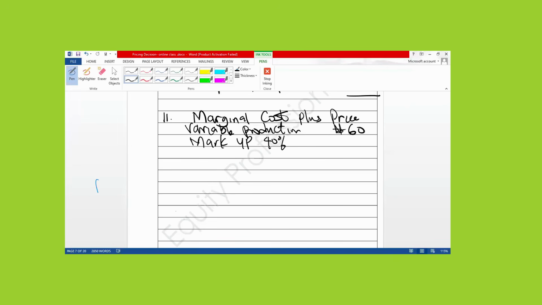Don't come and say we incurred investment cost or working capital cost. The rule is established. When it comes to marginal cost plus, pick your variable cost, then add a certain percentage markup.